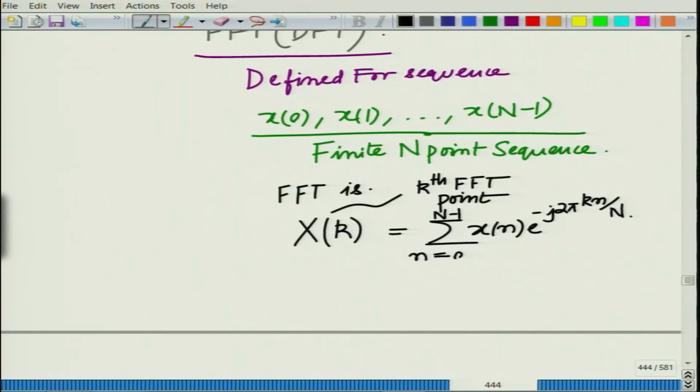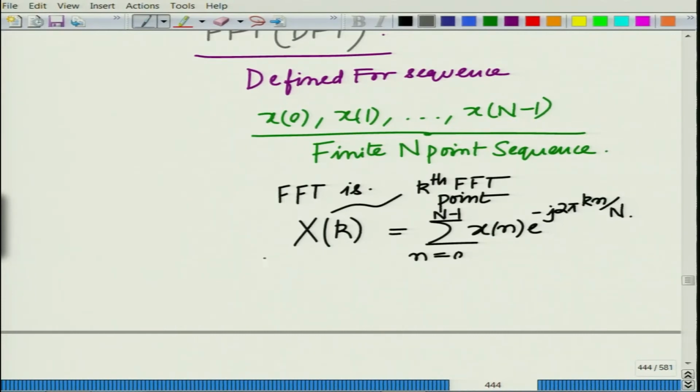So, this is essentially the kth FFT point X of k, and we have the FFT points X of 0, and this is defined for k equal to 0, 1 up to N minus 1. So, you have N points. So, for an N point sequence, capital N point sequence, you have capital N FFT bins and the corresponding capital N FFT values. All right.